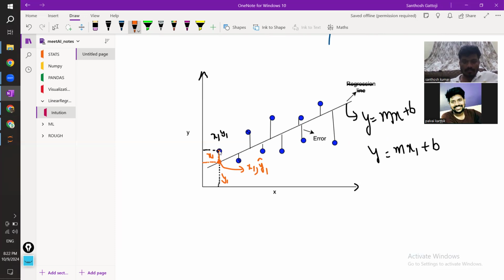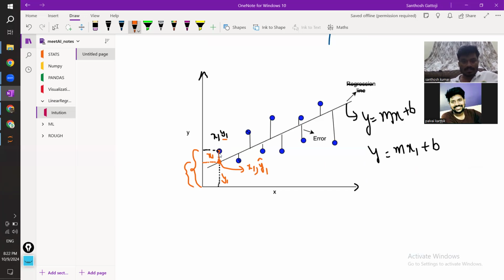The actual point is this much, that is y1, but as per the line, the prediction is wherever it is falling on the line, which is only this much. That will be called y1 hat. So the actual value is x1, y1, and this is y1 hat.